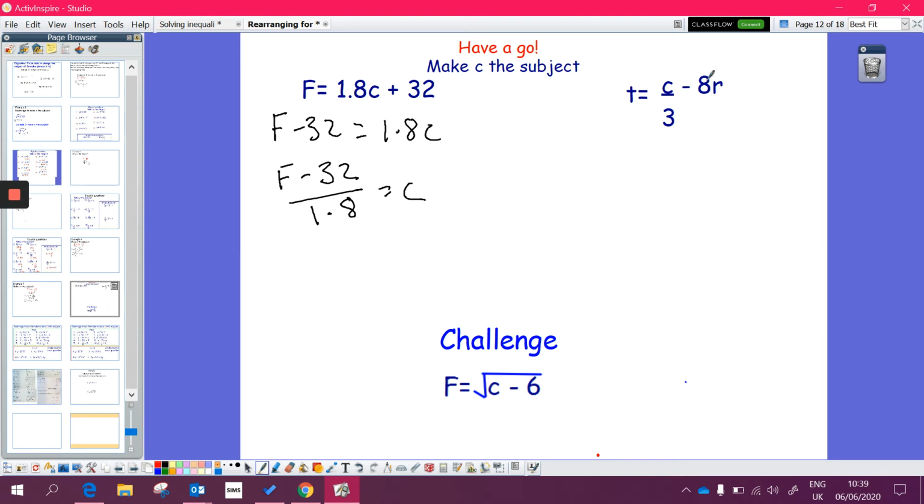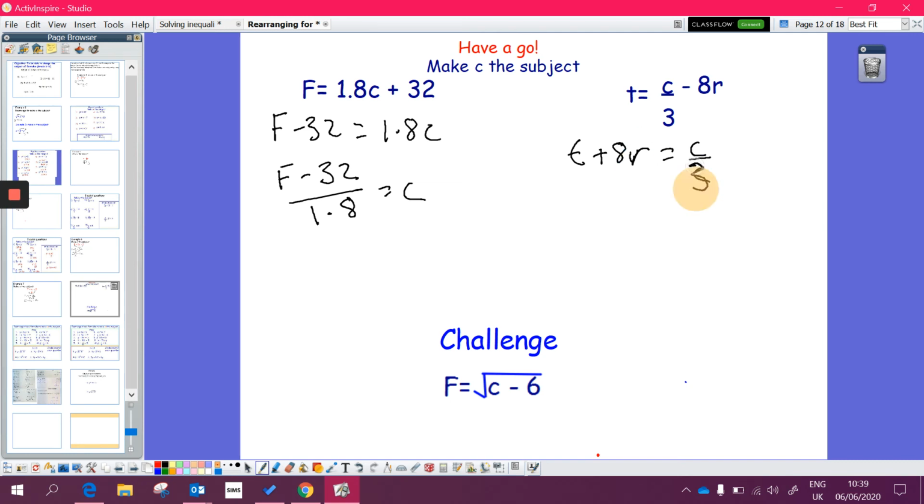Next one. So we've got t equals c over 3 minus 8r. Again, I'm making c the subject. So first thing I get rid of is the minus 8r. So I've got t plus 8r equals c over 3. Remember, the minus on this side, plus on this side.